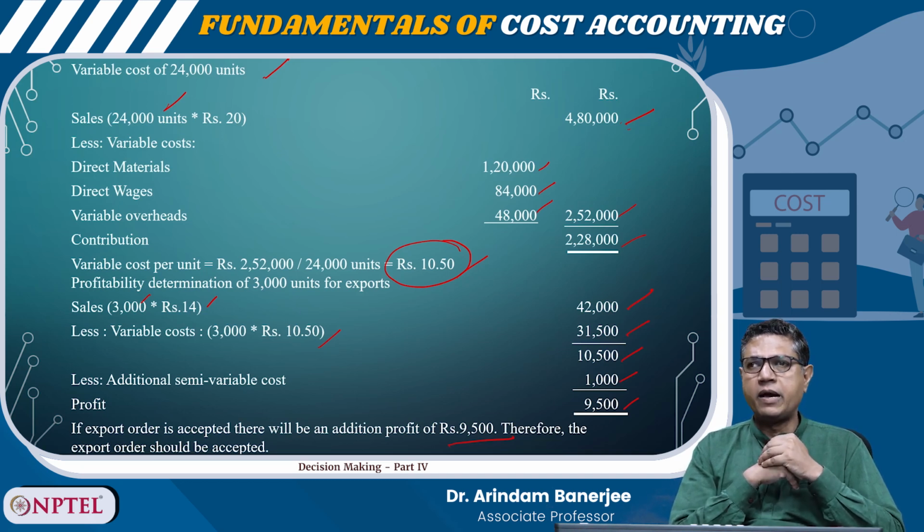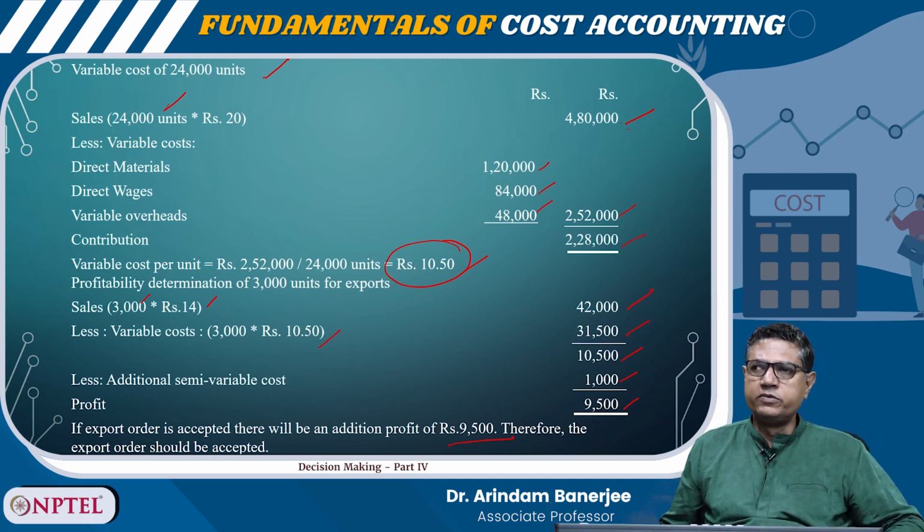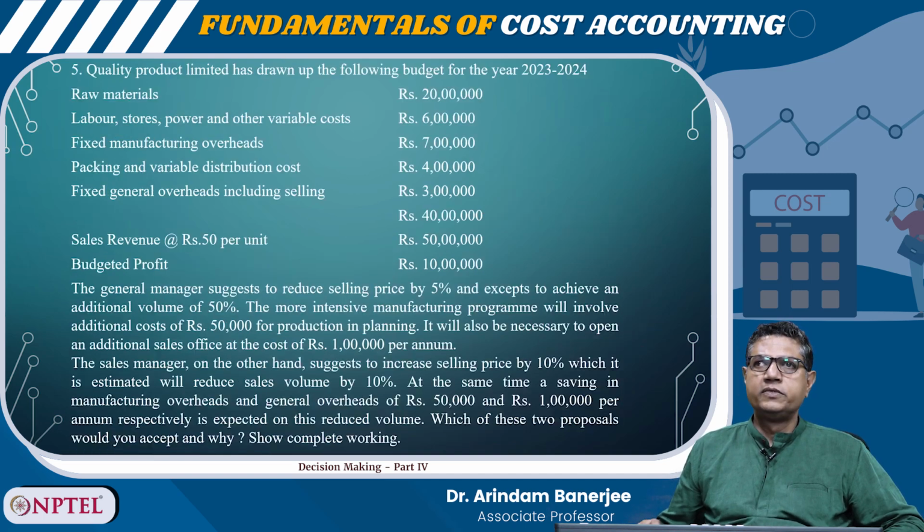Now, my additional sales is 42,000, and if I deduct the variable cost and the variable part of the semi variable cost, I should get a contribution which is adequate to cover the total fixed cost. So, here it is happening. I am getting 9,500 additional profit even after reducing the selling price. So, this export order should be accepted. Okay. So, this was the first problem today. We will go to the next problem now.